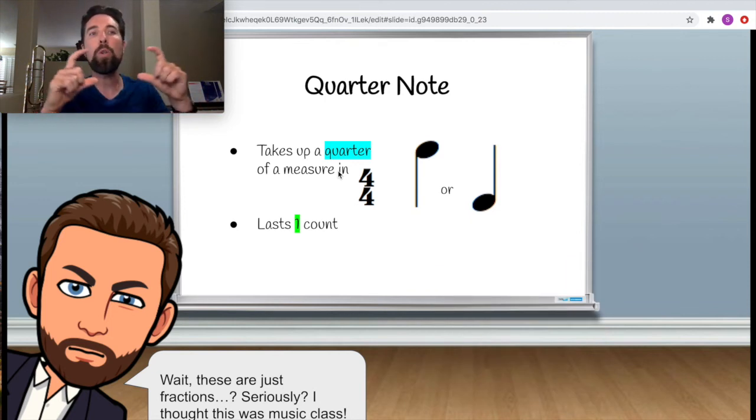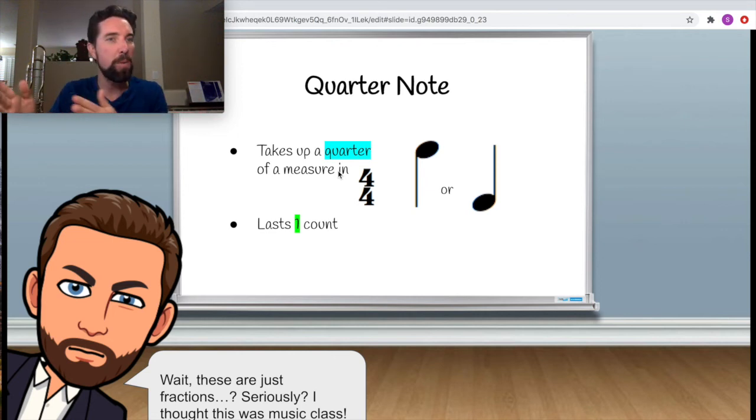If you have a whole dollar, what's a quarter? How many quarters go into a whole dollar? 4. So if a whole note is 4 counts, and it can divide into 4 quarters, each quarter only gets 1 count. That'll help you remember how long a quarter note is. So a quarter note lasts for 1 count, could be anywhere in the measure, and it's colored in.